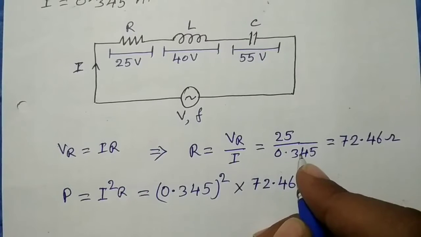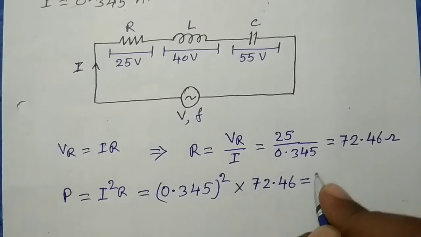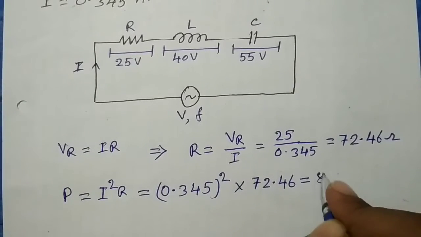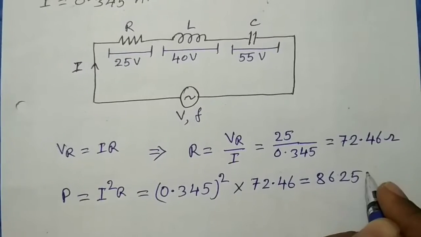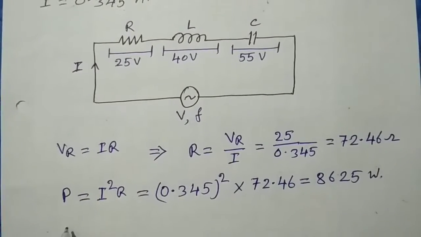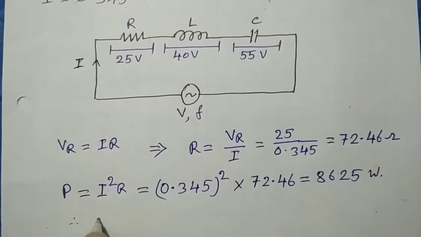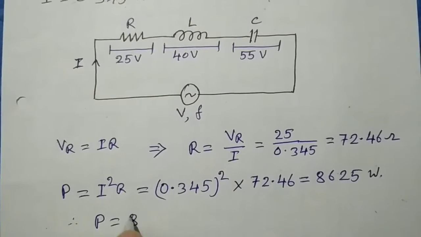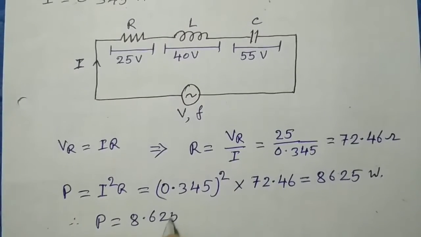So after calculation we'll get the power is 8625 watt, or we can write power is equal to 8.625 kilowatt.